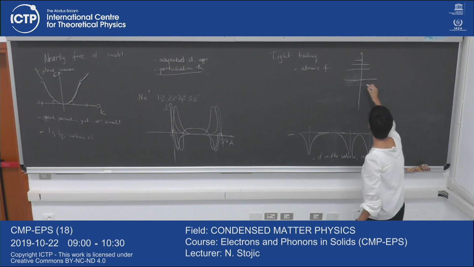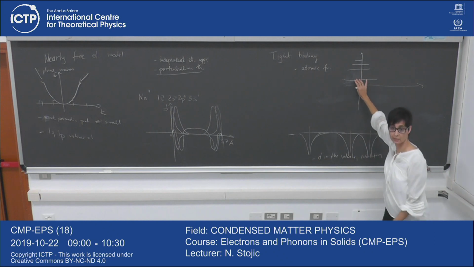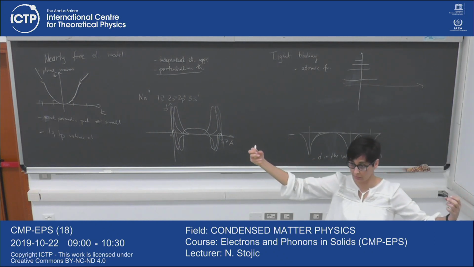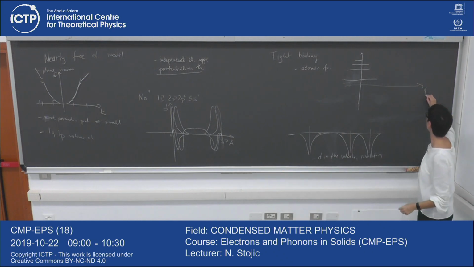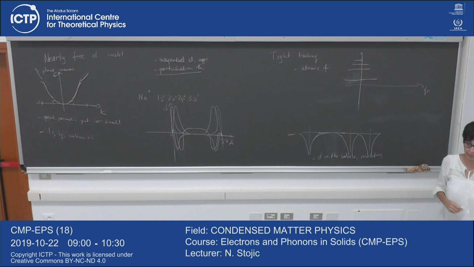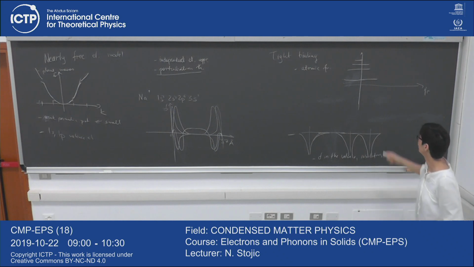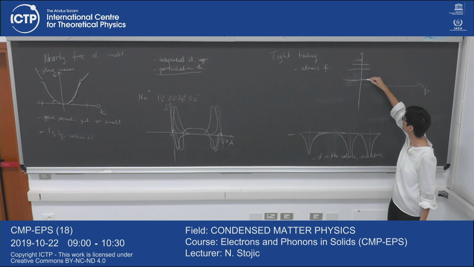And then what happens when you change the distance? So this is the atomic case. You have one atom here. And then you bring a second atom of the same species closer. So I'm drawing here 1/r, the distance between the atoms. What happens? They start overlapping at some point. And this single line actually gets some width.